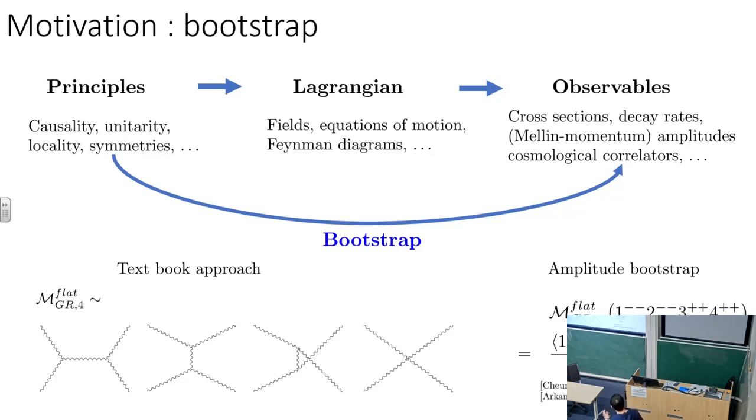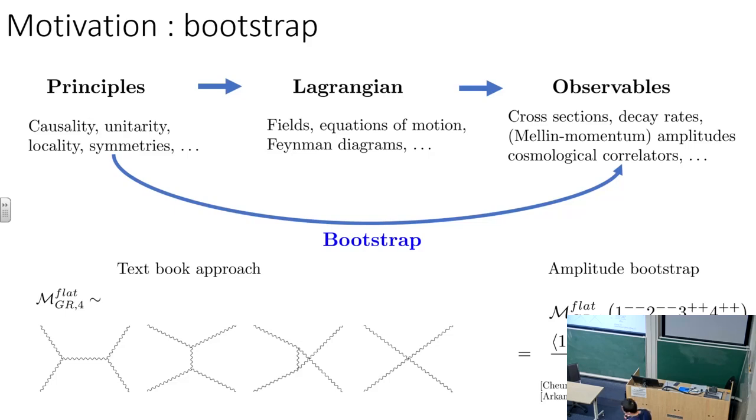This usual textbook way is of course very important in computing many important quantities like non-Gaussianity or other computations. However, if we want to go to higher points for these correlators or amplitudes, especially for gauge theory amplitudes, it is not quite efficient.